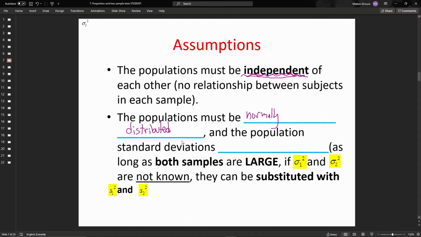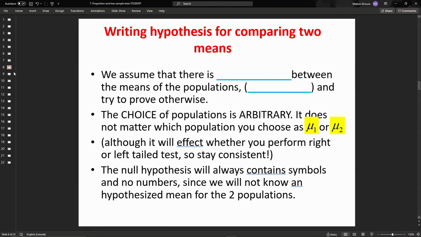And the population standard deviations must be known, as long as both samples are large. If these are not known, they can be substituted with the sample standard deviations. So that's good news.